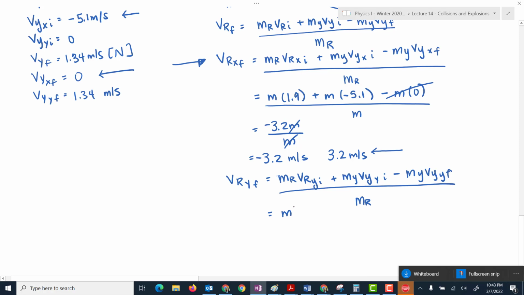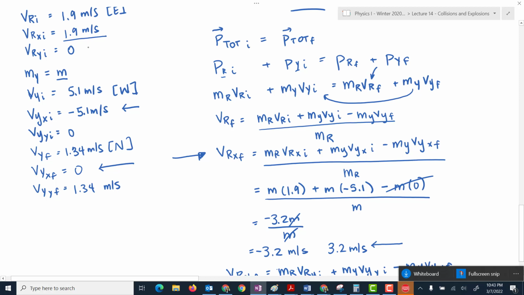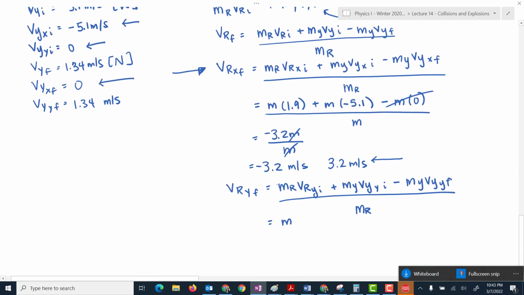Velocity of the red ball in the y direction is this over here. And the velocity of the yellow ball in the y direction initially is also 0. So both of these are 0. I'm just going to put them in right now.